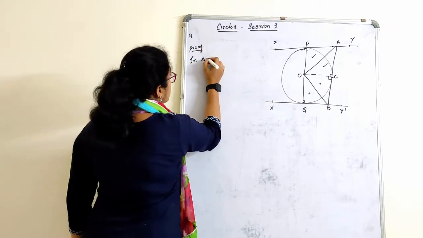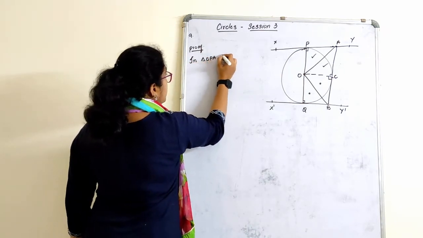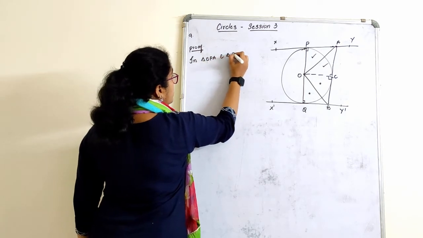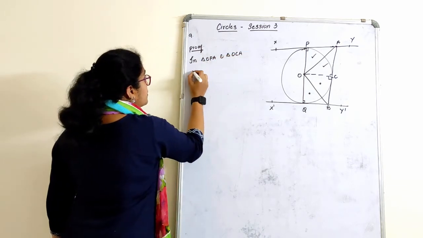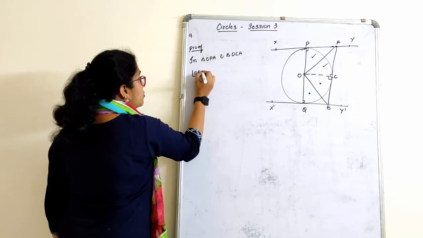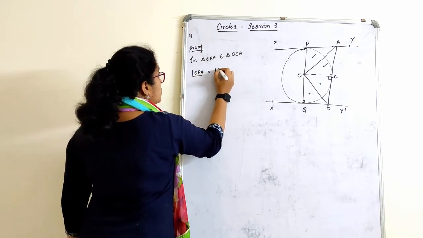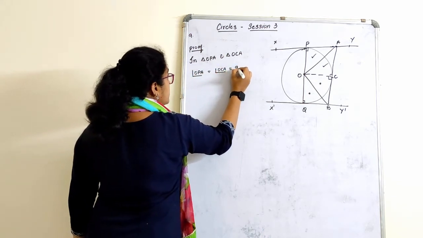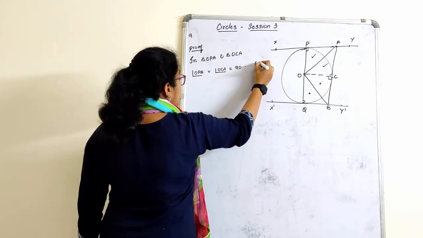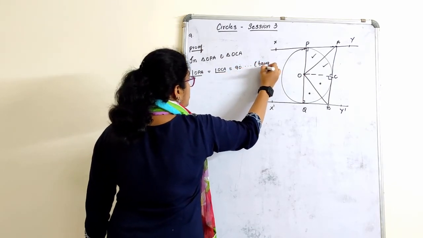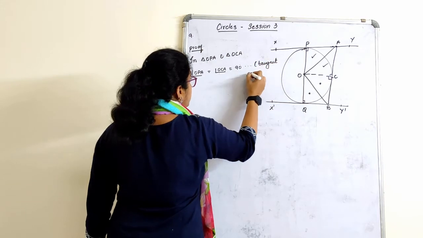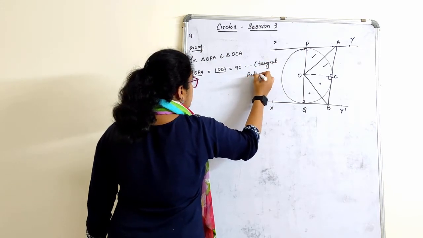In triangle OPA and triangle OCA, first of all, I will write angle OPA is equal to angle OCA is equal to 90. Together you can write the reason as tangent radius theorem.